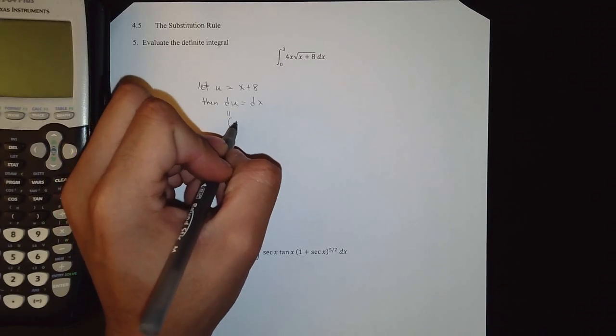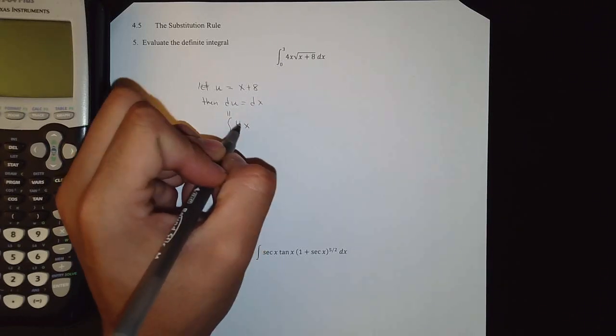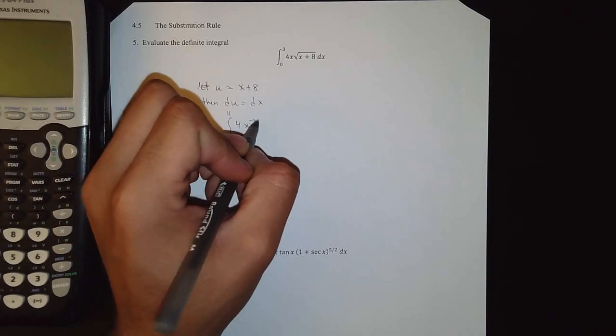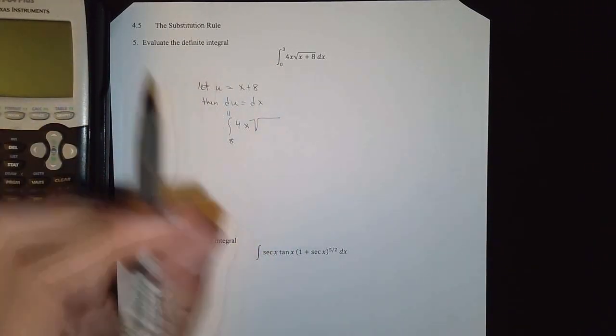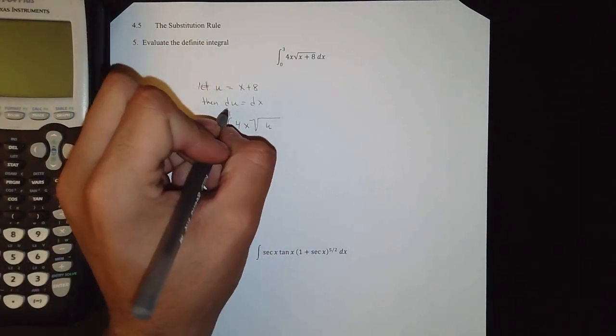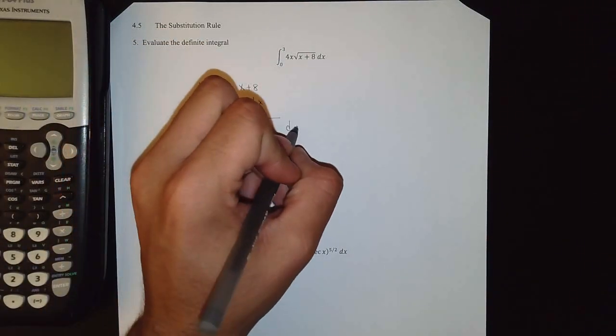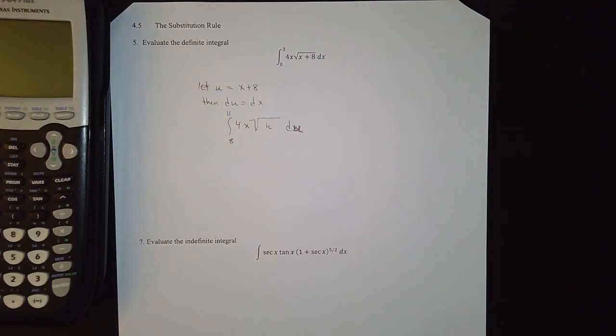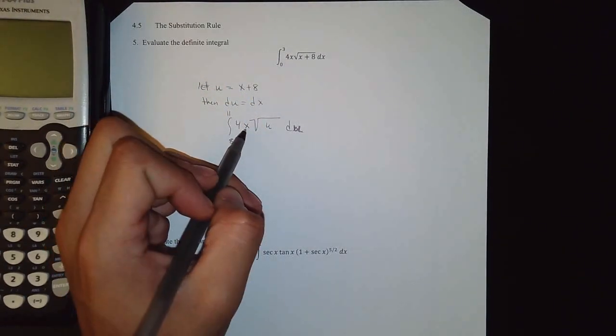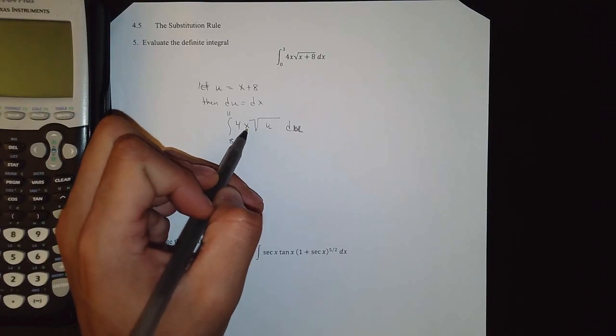Now we have a 4x times the square root of x plus 8. We know x plus 8 is our u sub, so that should be the square root of u, and du equals dx, and so we can just replace the dx with a du. But now we have to figure out how we can write x in terms of u.